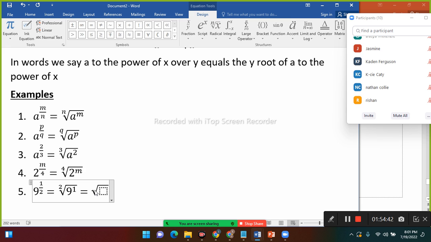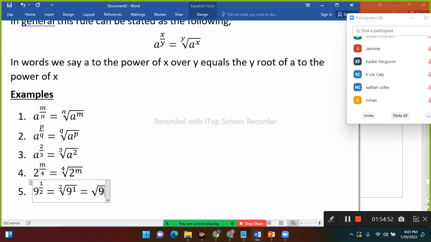Except for when you're doing cube root. But so we don't have to put the 2 here. We could just leave it as that. And this 1, we don't even have to put it there, because 9 to the power of 1 is still 9. And so this is still the square root of 9. Both of them are saying the same thing. This is the more technical way to write it, and this is the more simplified way. Now, what is the square root of 9?